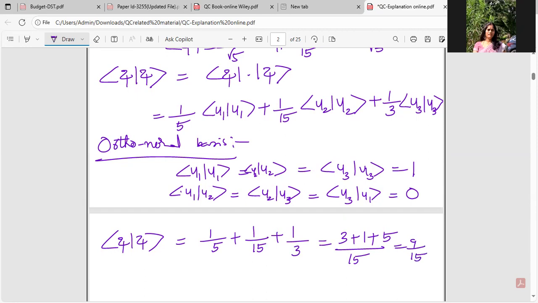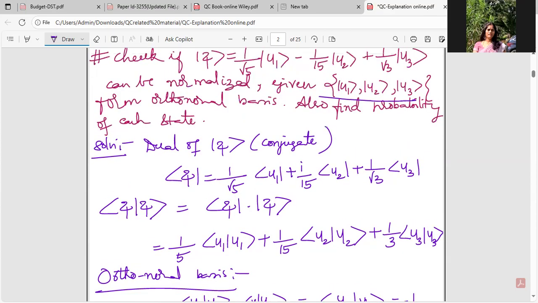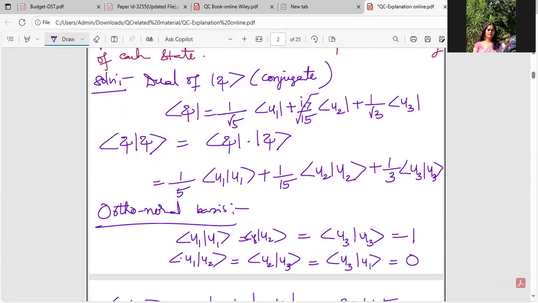Instead, just see here, I'll make one small modification. If I had, in the question, i into root 7 by 15, then what would have happened is I would have got 7 by 15 here. 15 into 15, 25 is what I was supposed to be writing.